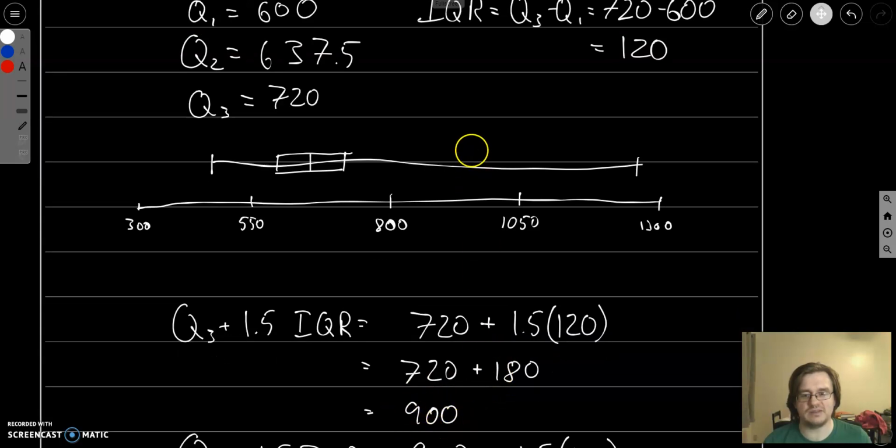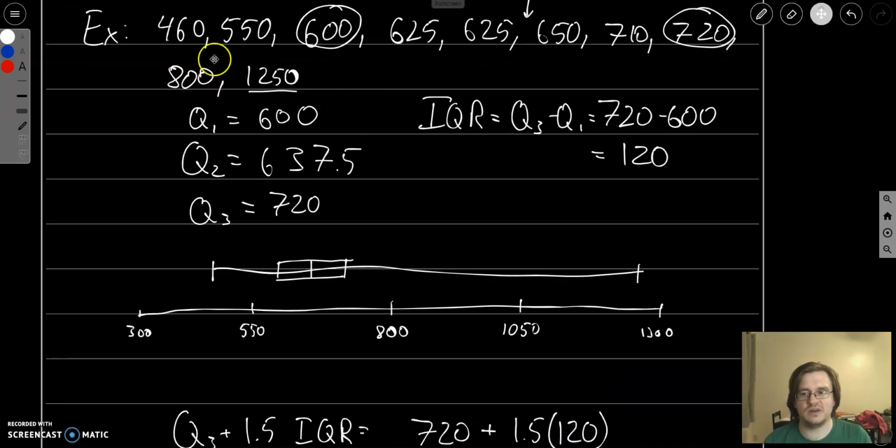Remember, to be an outlier, it has to be bigger than 900. So 800 is the largest value that's not an outlier. It's right there. So we'll snip our whisker, cut it right here, and we will still note that this value exists, but our whisker will only extend out this far.